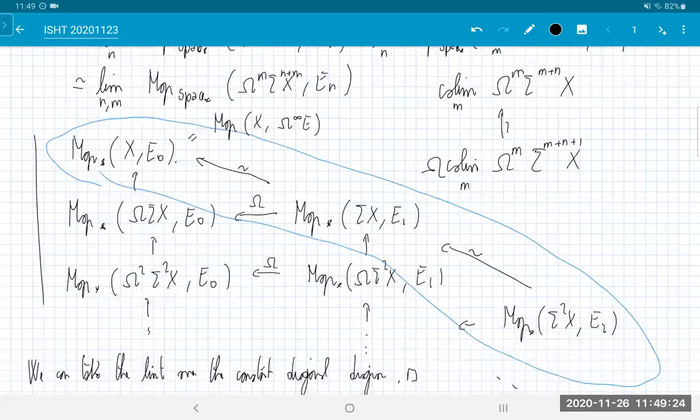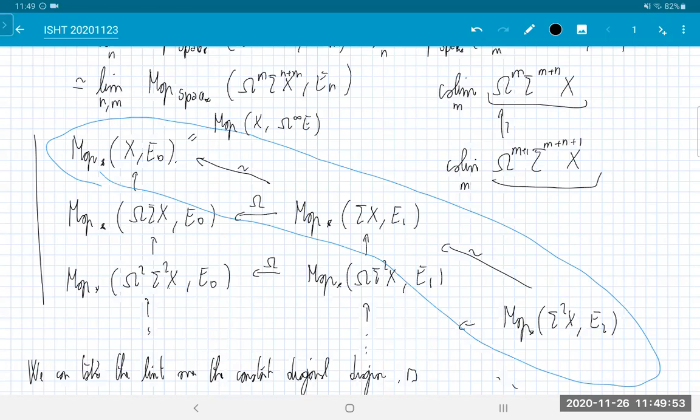This is just describing these horizontal arrows. I'm just saying that these arrows don't go from here to here directly, but they pass through here. And you unwrap what these arrows are doing, and this arrow is just including the m components into the m plus 1 components, which are in fact the same here.